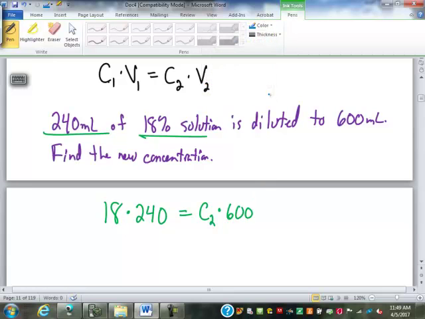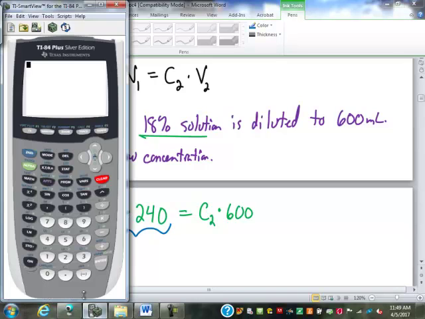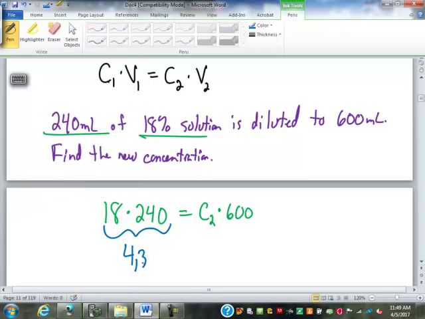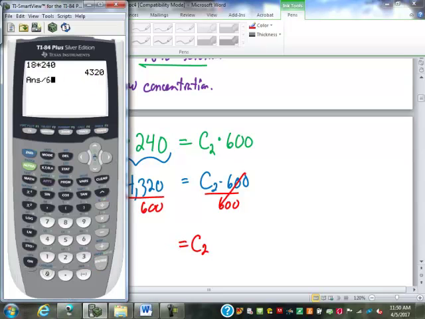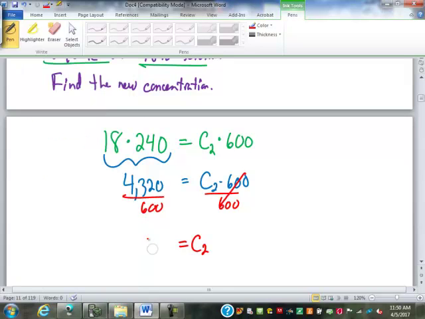So now I'm going to go ahead and multiply 18 times 240, which gives us 4,320. And then we solve for C2 by dividing by the 600. And we get 7.2. So that new concentration is 7.2%.